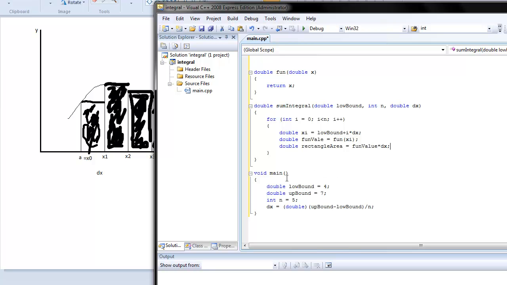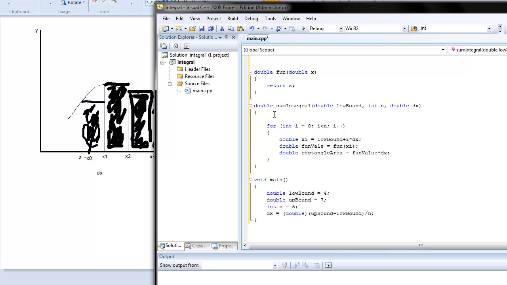Okay, and notice that we are summing the rectangles, so we need some cumulative sum, say cum sum, double, and it's initiated as 0 because at the beginning you have no sum and you are adding this calculated value.